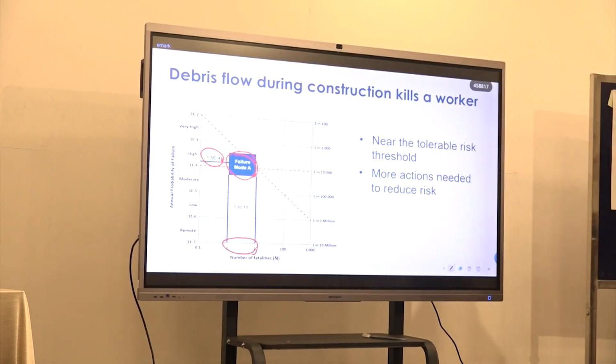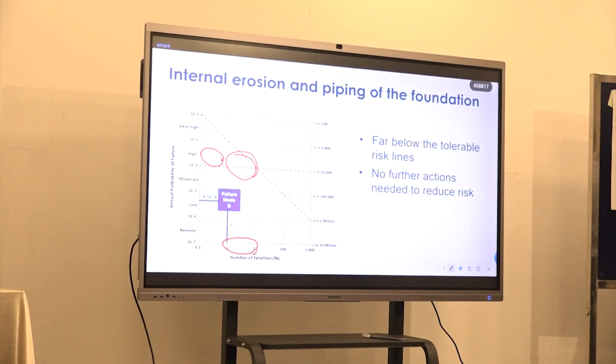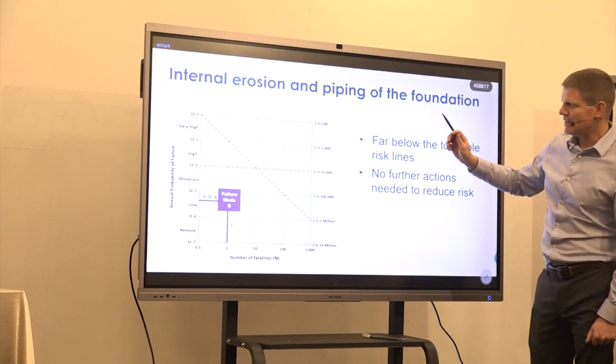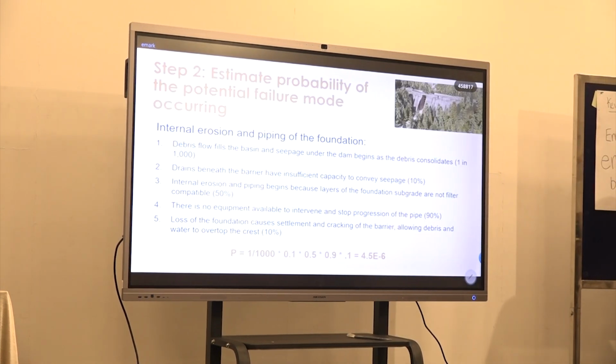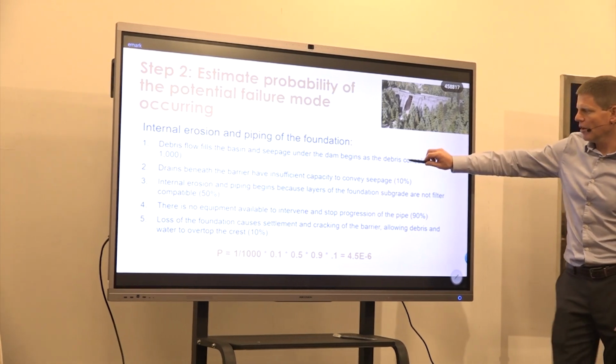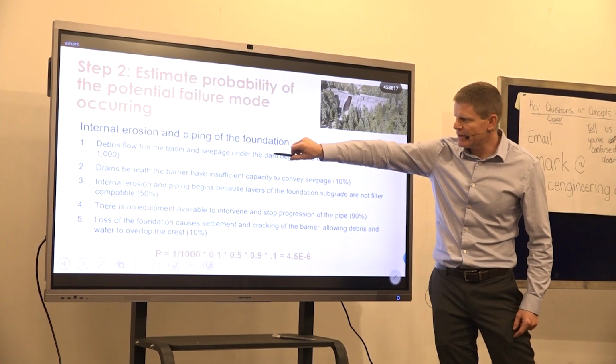So we're about out of time, so I'm going to just skip the next one. But you can do the same thing for other failure modes. So for internal erosion and piping, for example, this is one that we worked on today. We've talked about all of these different steps that need to happen. So you have to have a debris flow that fills the basin.